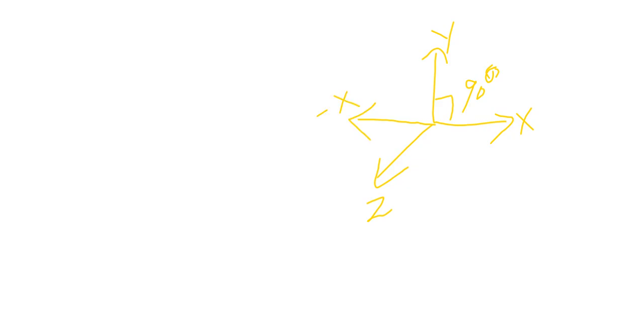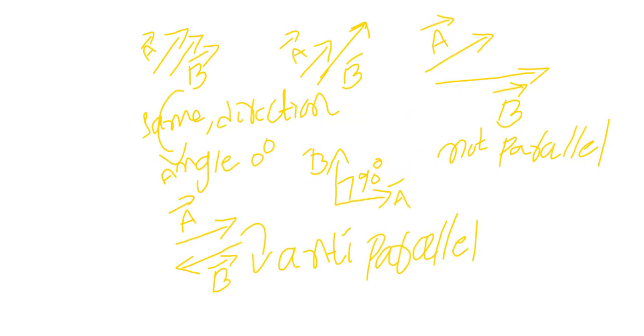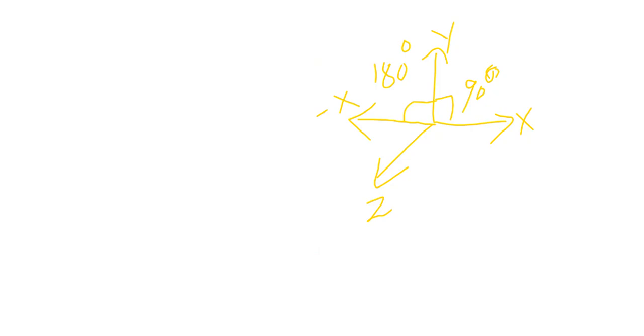180 degrees. That means they are opposite to each other. So then the angle between the vectors is 180 degrees.